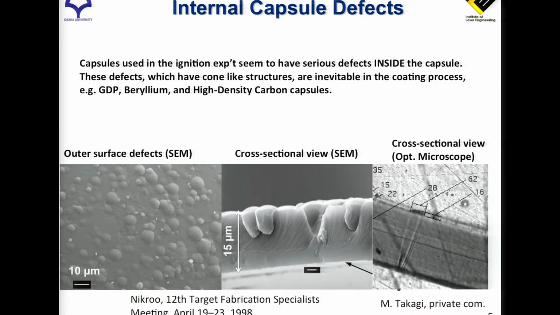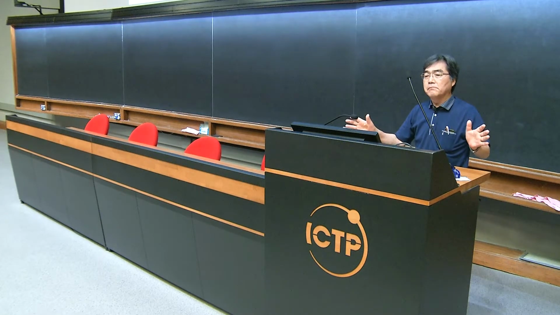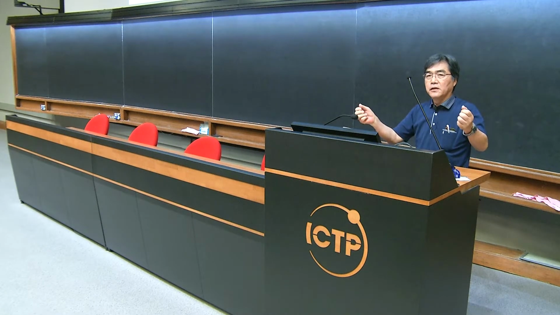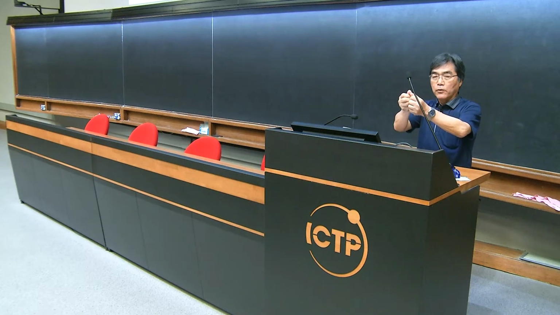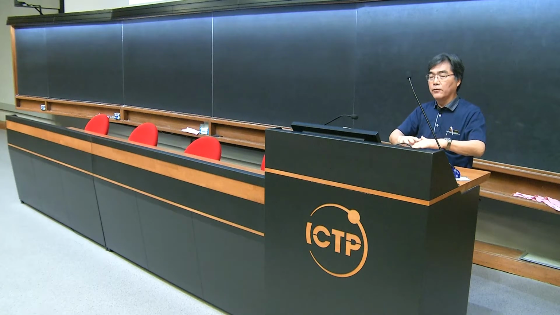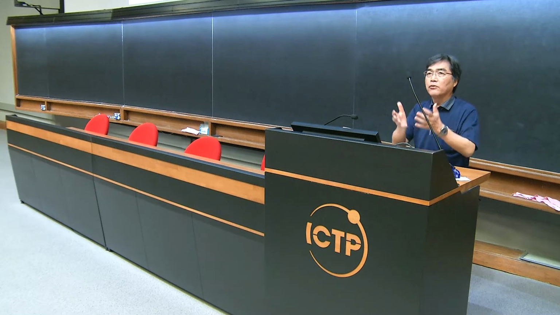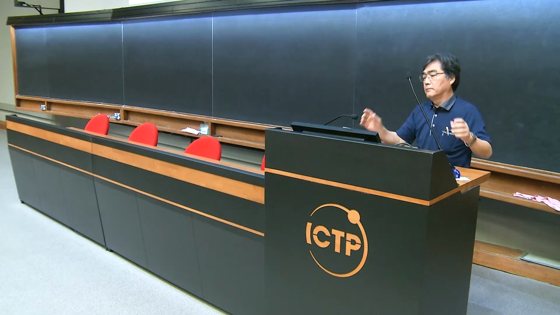Plastic CH usually falls down on a substrate, but in some cases CH can meet before coating and then drop onto the substrate. That makes a seed of imperfection, and that grows like a cone.